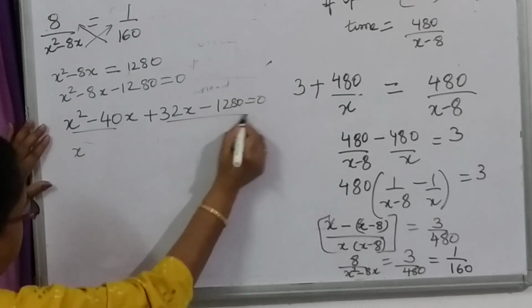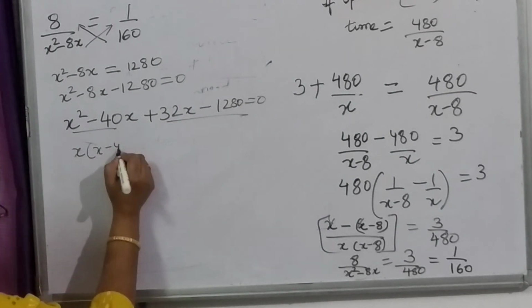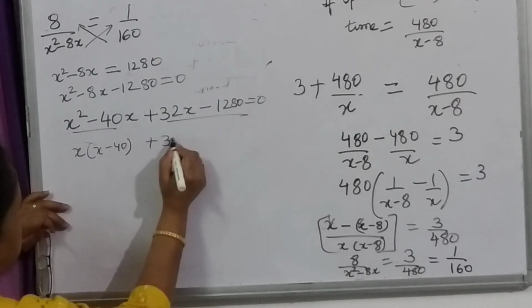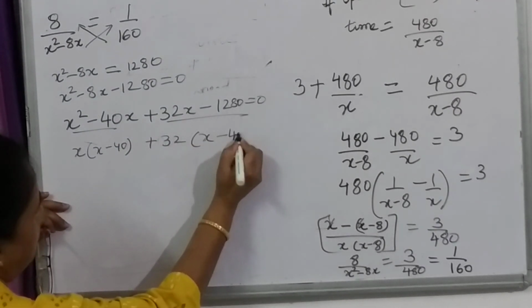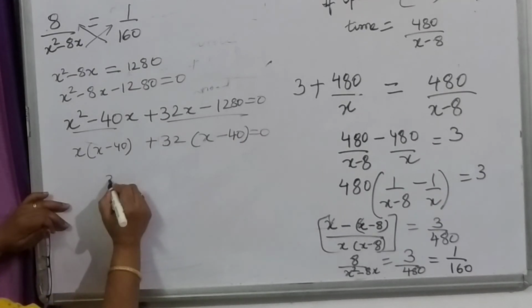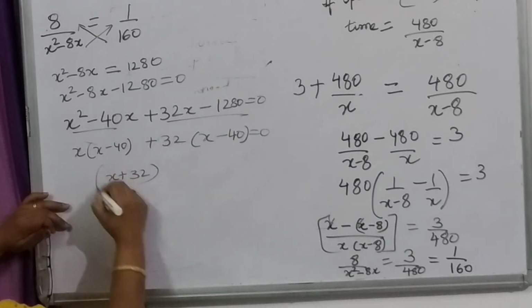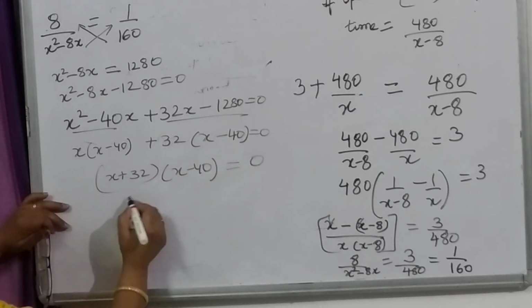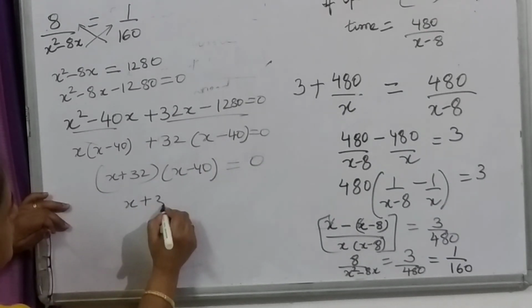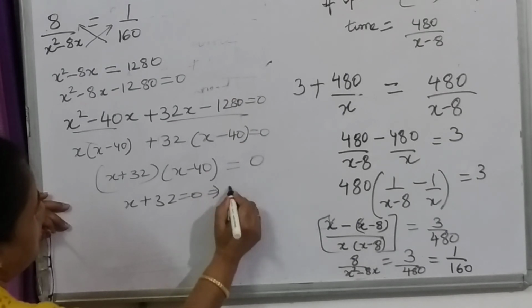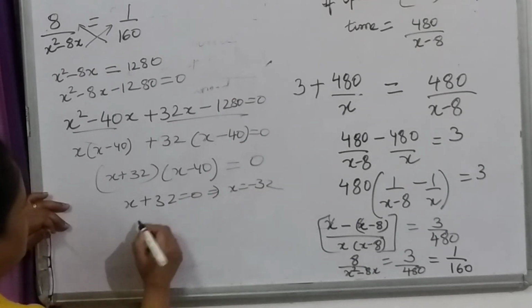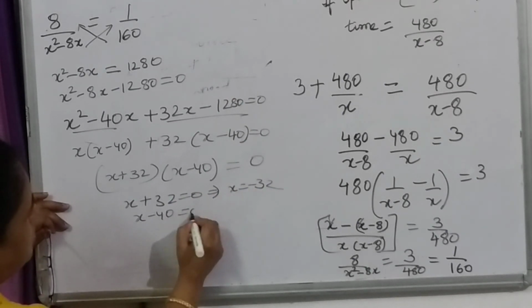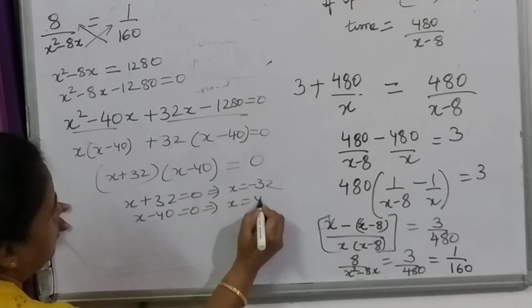Take 2 at a time. x into x minus 40 plus 32 into x minus 40 is equal to 0. Again I am getting two linear factors, x minus 40 and x plus 32. So x plus 32 is equal to 0 gives you x is equal to minus 32, and x minus 40 is equal to 0 gives you x is equal to 40.